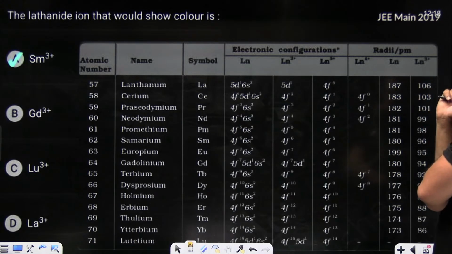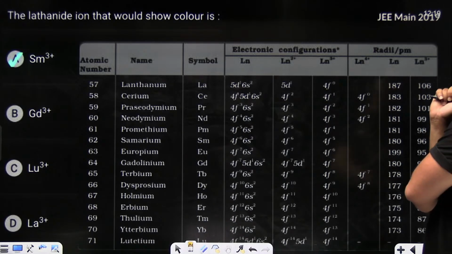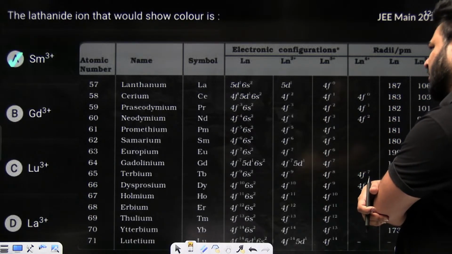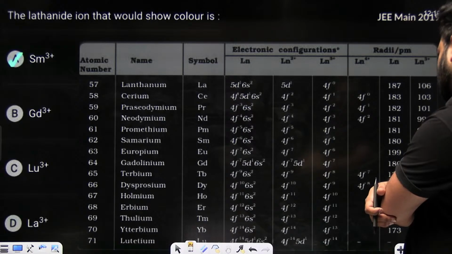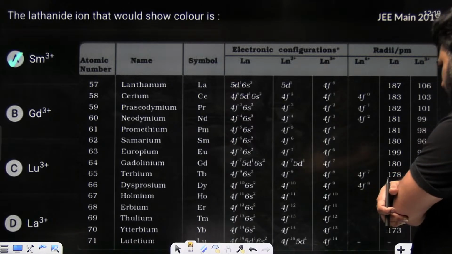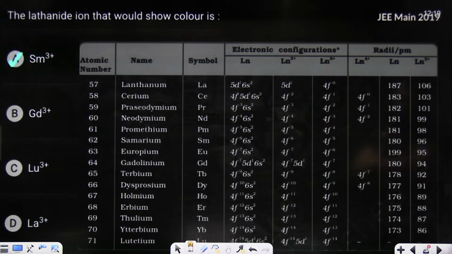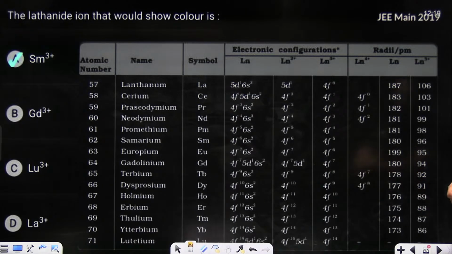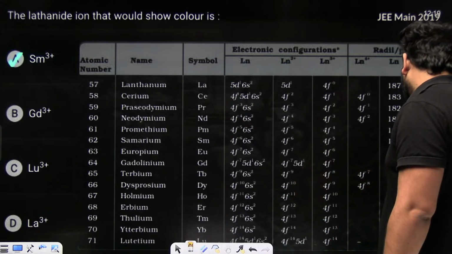Sm3+ has an electronic configuration of 4f5, and that's why it has unpaired electrons as well. Gadolinium 3+ has 4f7, I remember. Lu3+, lutetium 3 positive has 4f14, and La3+ will be having simply fully filled. So I think that was a question.